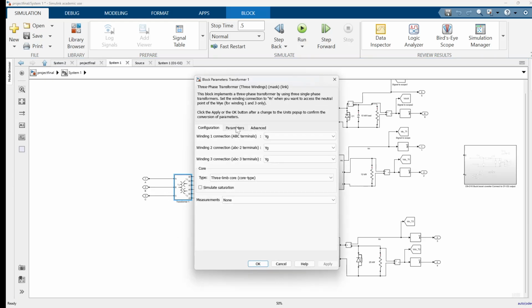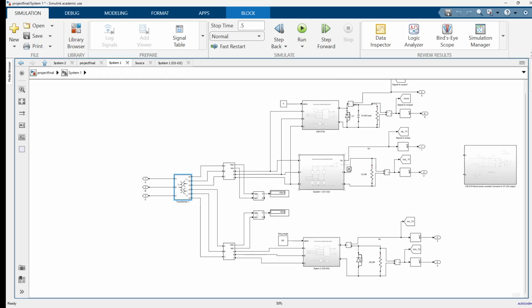Currently, transformer 1 supplies output 1, which will produce a fixed 1500 volts, and it will also supply the bridge rectifier, which will produce a variable output of 200 to 2000 volts DC.